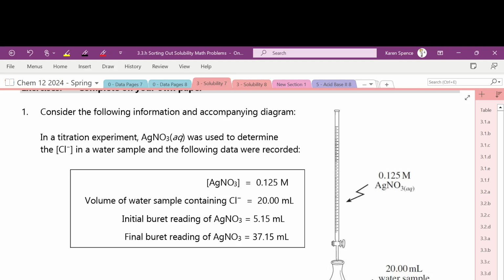So we're mixing two solutions. In order to figure out what the concentration of the ions is going to be once they're mixed, we have to do the dilution. It's like you started with 25 mils of lead and you added 35 mils of water.